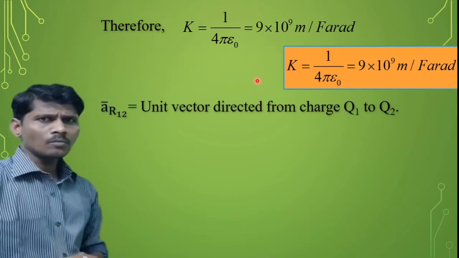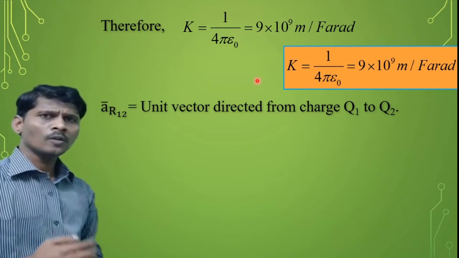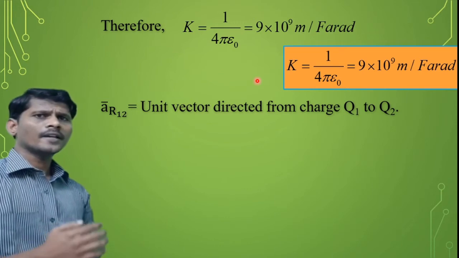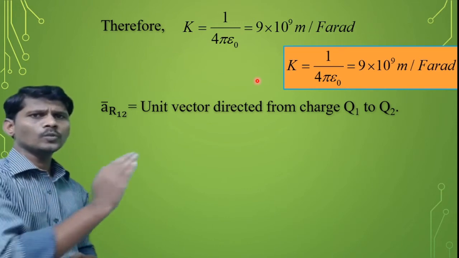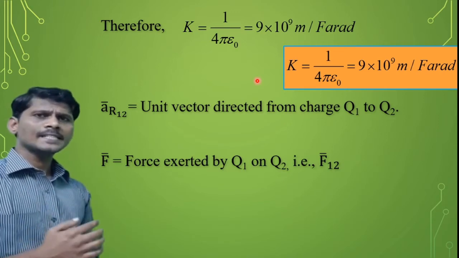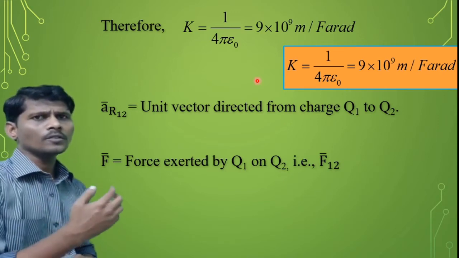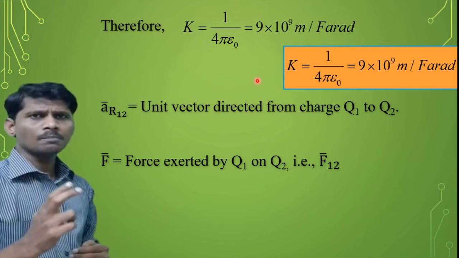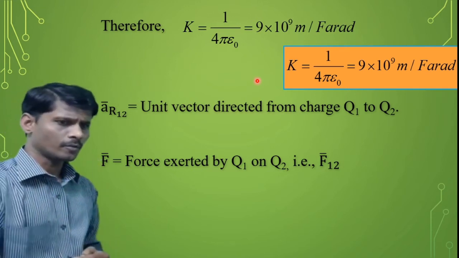AR12 in the diagram, what is AR12 bar? AR12 bar is the unit vector directed from charge Q1 to charge Q2. F12 bar is the force exerted by Q1 on Q2.